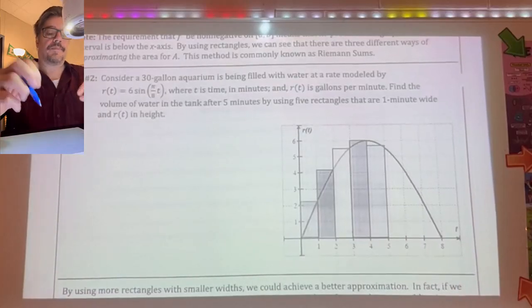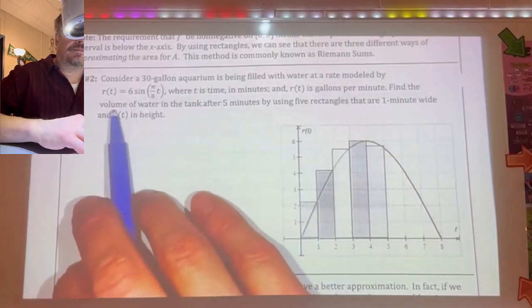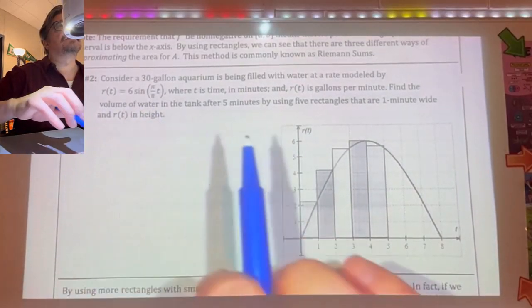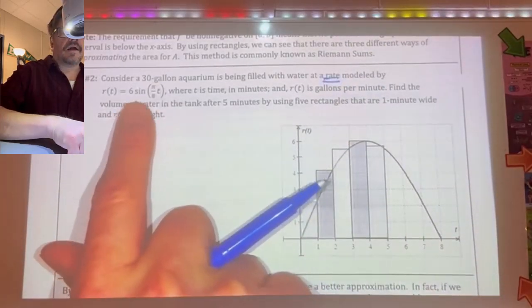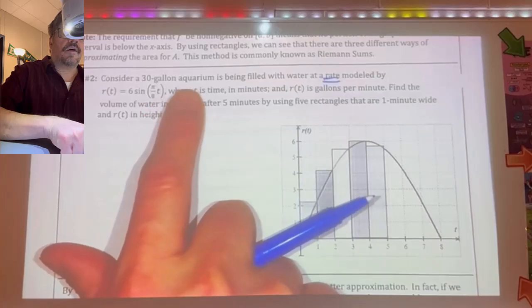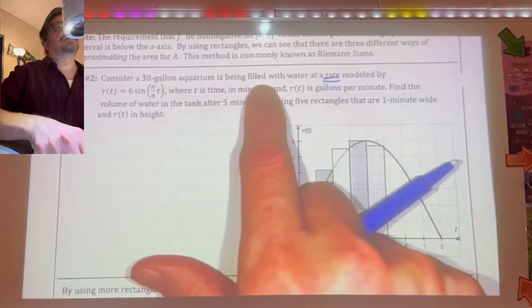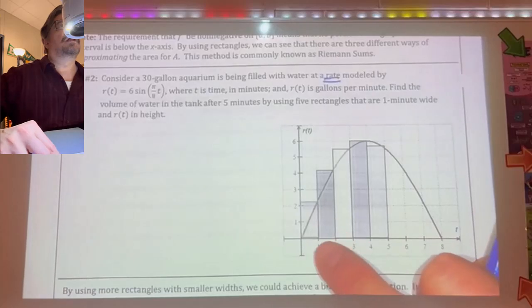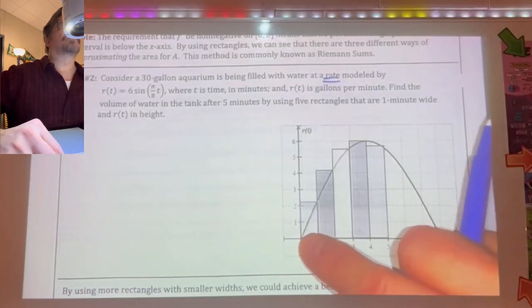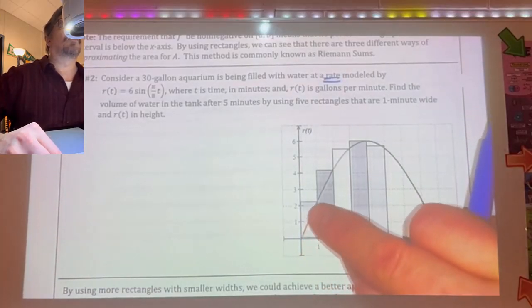Okay. So let's say we got this function and this is the rate at which this 30-gallon aquarium is being filled with water. It looks like it's being filled slowly, but they keep dumping more and more water in.